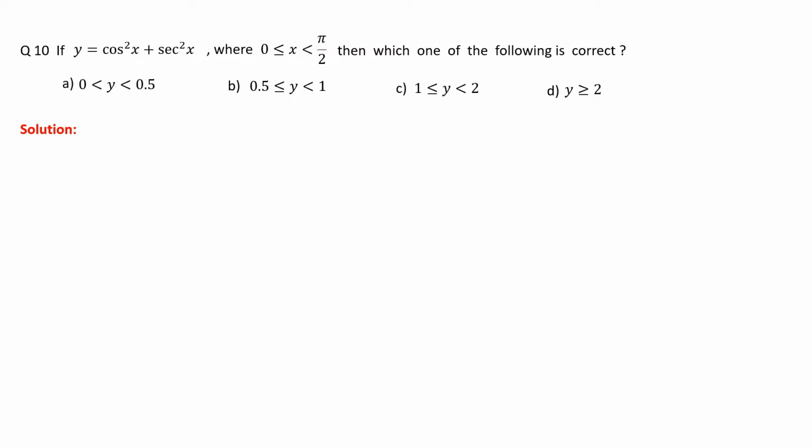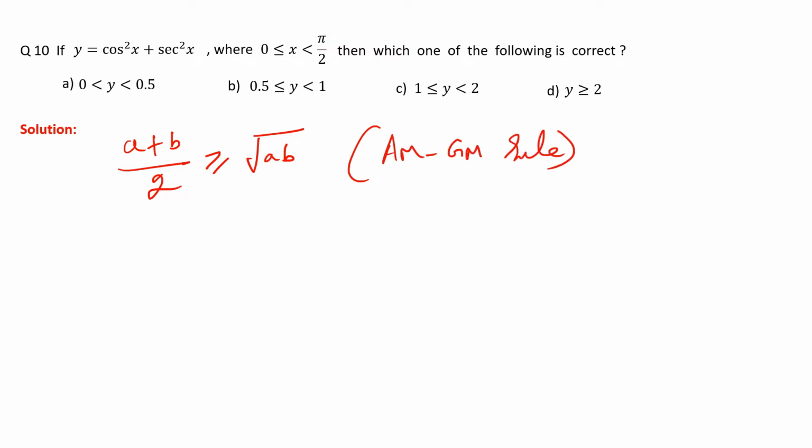Now we know that whenever we are given positive numbers, suppose we are given two positive numbers a and b, then their arithmetic mean will always be greater than or equal to their geometric mean, right? This is called AM-GM rule. I will be using this rule in this particular question.